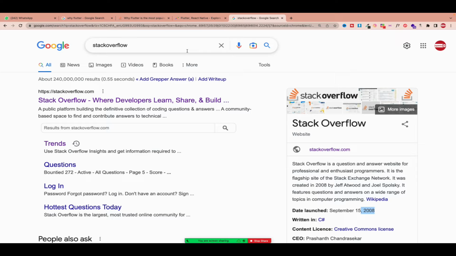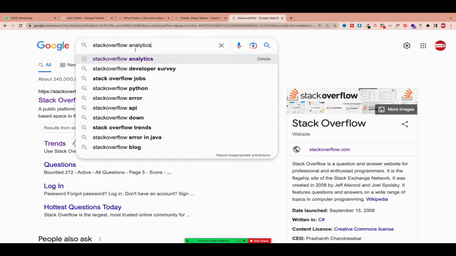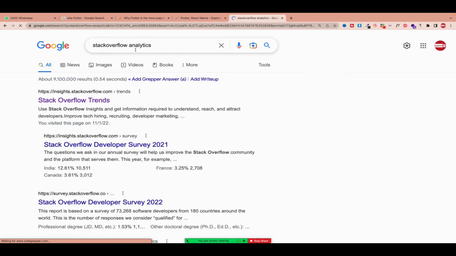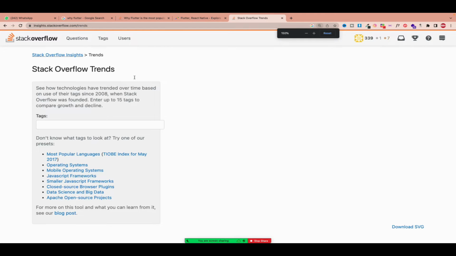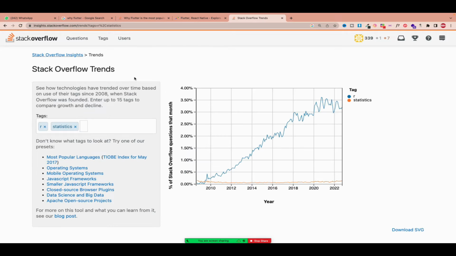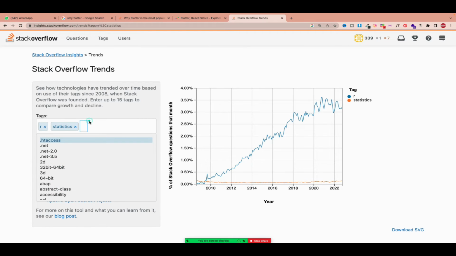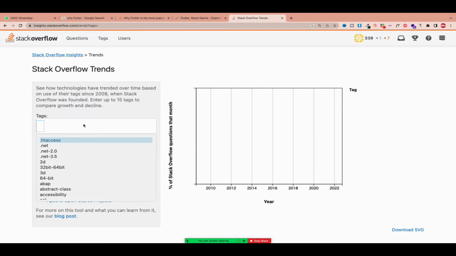Consequently, it also provides that data summarized in analytics. That is called Stack Overflow Analytics, or Stack Overflow Trends. It will help you make informed decisions. When I click on Stack Overflow, you can also note down Stack Overflow Insights. It will also help you make a decision. So here, Stack Overflow Trends is just like Google Trends, but this one is only for developers.